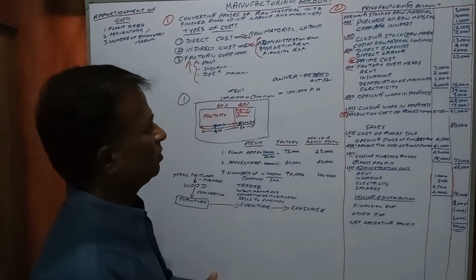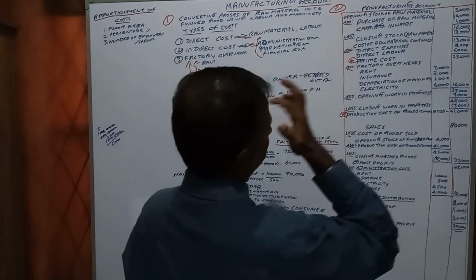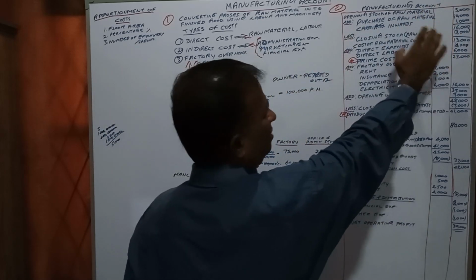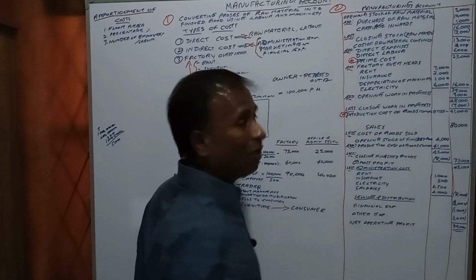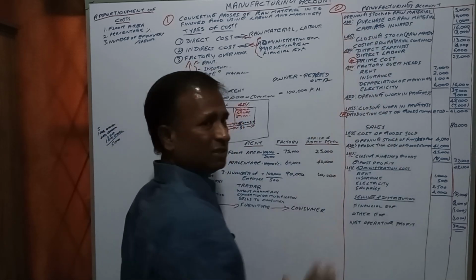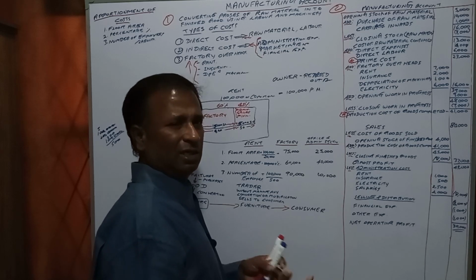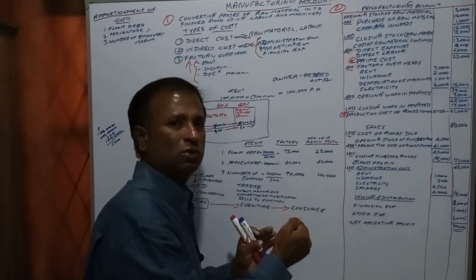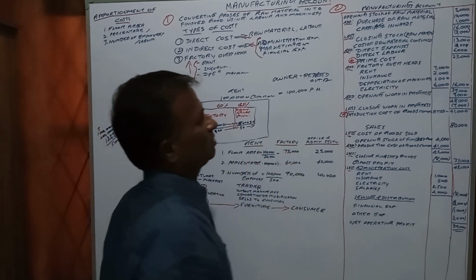Right, purchase of raw material. He adds the opening stocks of raw materials. Then carriage inwards, any expenses incurred in bringing the purchased goods to the stores of raw materials.